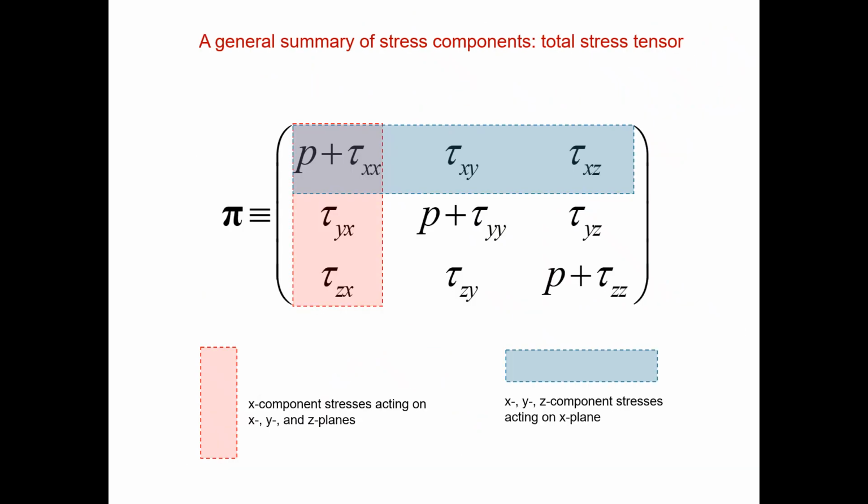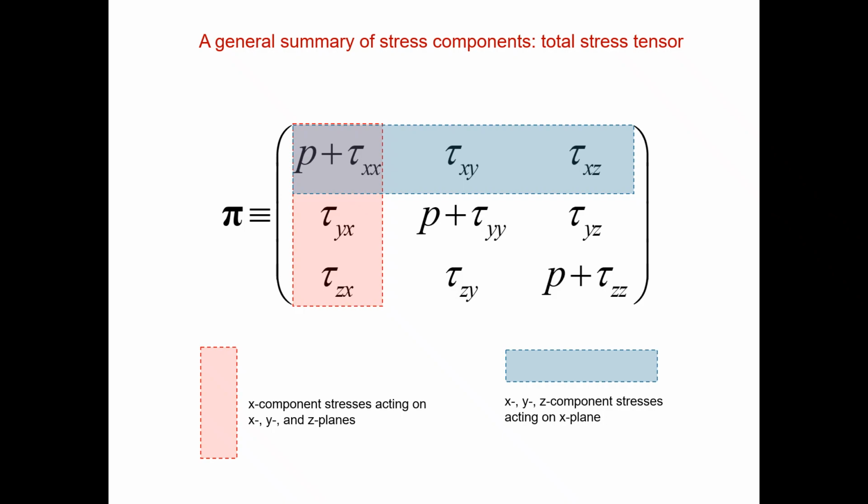So again, this is the summary of what we call molecular stress components. We put them in a table. P is added on to the normal components. When I look at them in this matrix mode, the first row is my tau xx, xy, xz, and added pressure in the normal direction. Those are my total molecular stresses acting across the x plane.